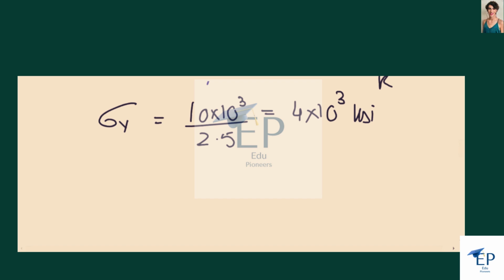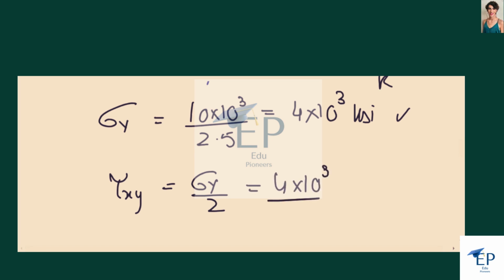So from here, since we have the yield stress now, we can find the shear stress. The shear stress is equal to the yield stress divided by 2, so 4 times 10 raised to power 3 divided by 2, that would be 2 times 10 raised to power 3 psi.